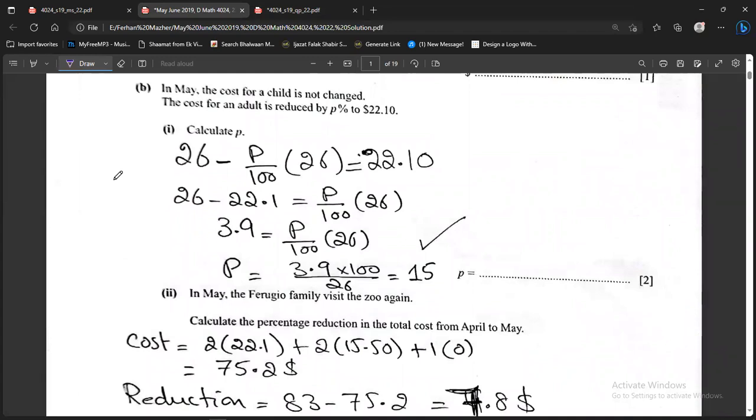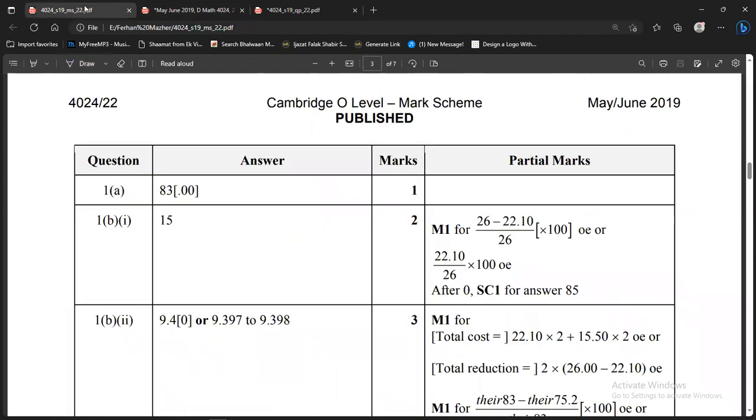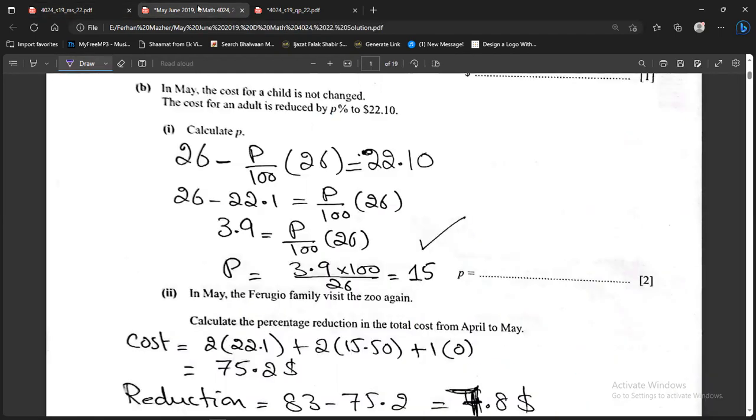So we can find the P value here. Bring that 22.10 to this side, and take this P by 100 into 26 to the other side. So 26 minus 22.1, that is 3.9, and that is equal to P by 100 into 26. So the P will be equal to 3.9 into 100 divided by 26, and that will be 15. So the reduction is 15%. 15% is the right answer, sir.